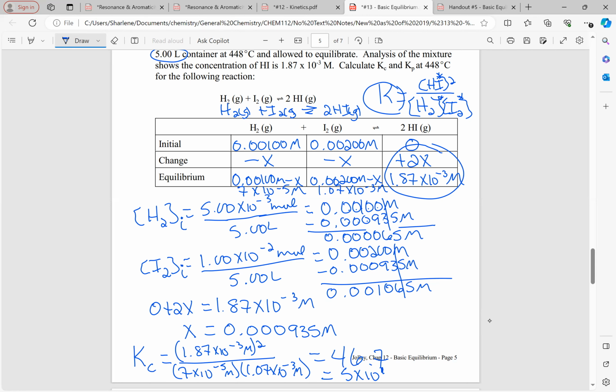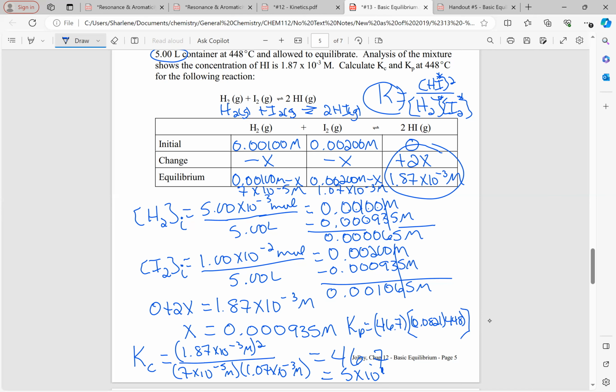And if I want the value of Kp, I'm going to plug it in. So Kp is equal to Kc, which is, I'm going to plug in the 46.7 and then take care of the sig figs in a minute, and RT, so 0.0821, and the temperature is 448 degrees C, and I need the change in the moles.